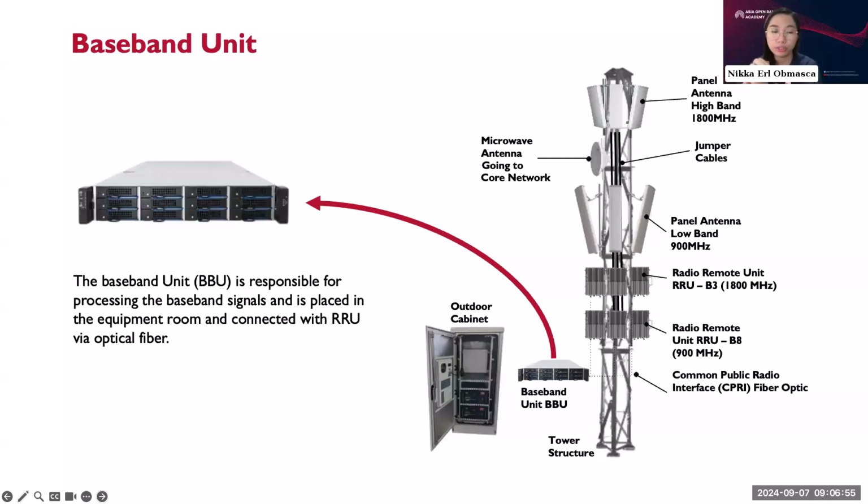So in short, yung BBU natin is the brain of the cell tower system. Samantalang yung RRU natin kanina, it's more like the hands which handle the physical transmission of the signals. So, kapag pinagsama natin tong dalawa, we can get a more reliable connection and faster data speeds.